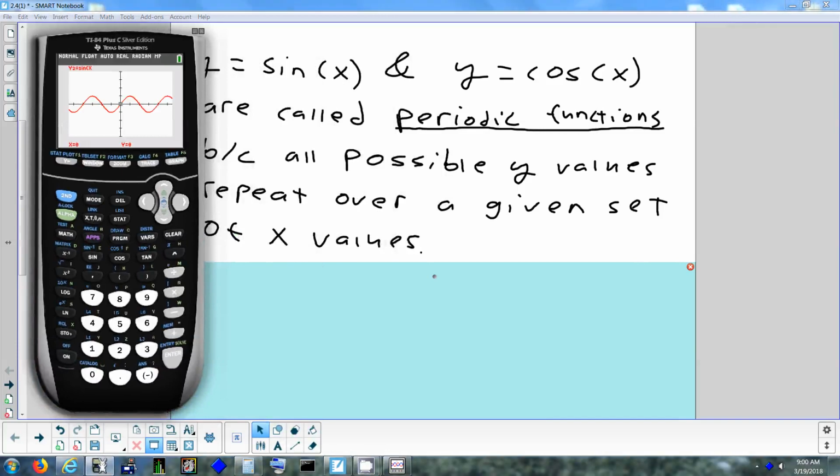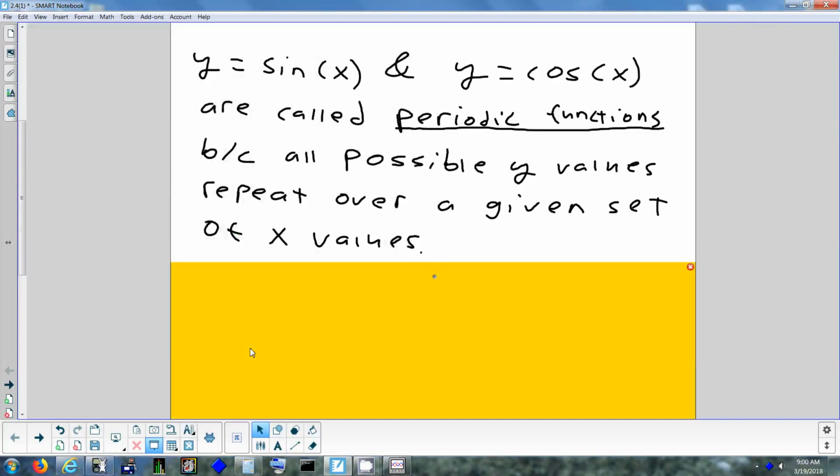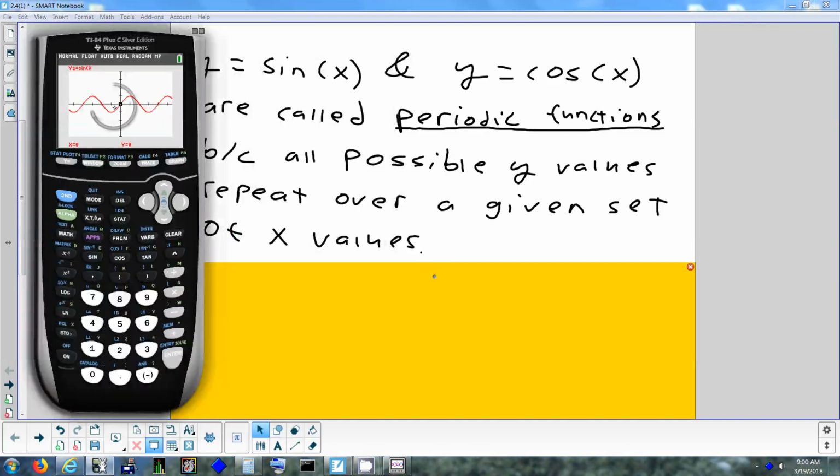The lowest it goes is -1. So, all the possible y values here consist of starting at 0, going up to 1, back to 0, -1, back to 0. That's a cycle. 0, 1, all the way down to -1, and then back to 0. So what I just traced is one cycle.